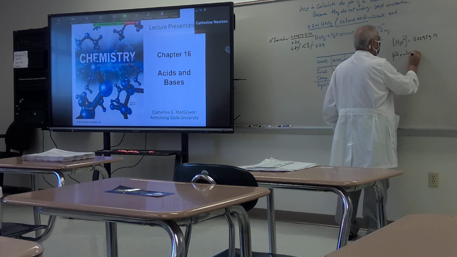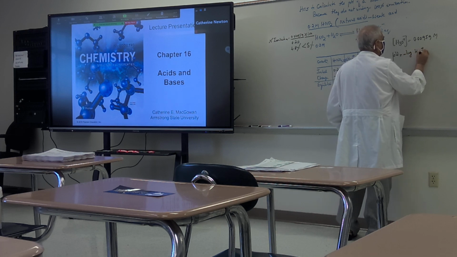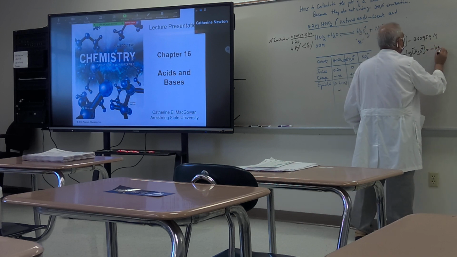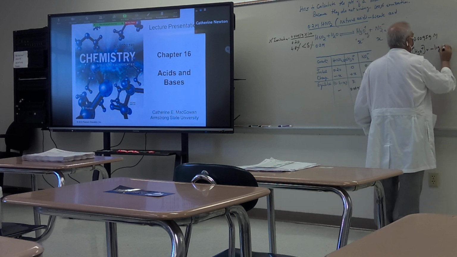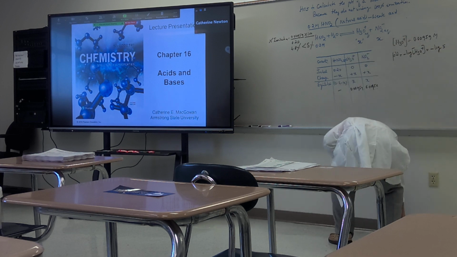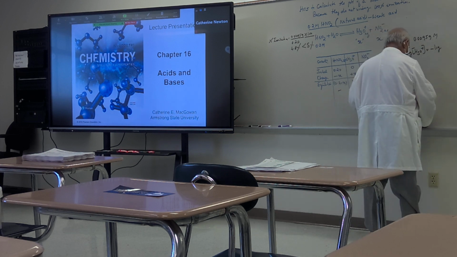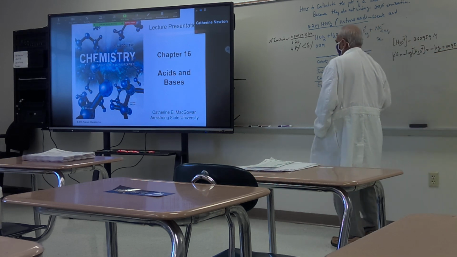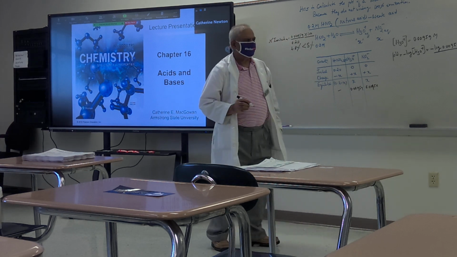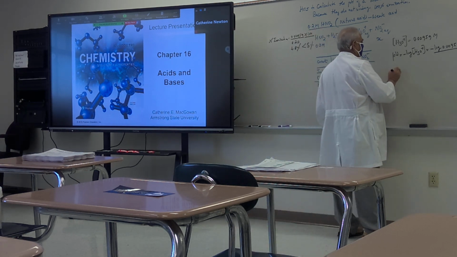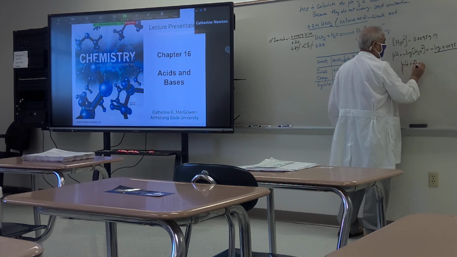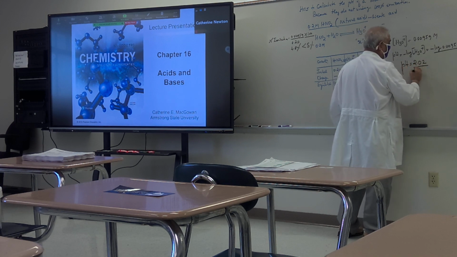Negative log of hydronium ion concentration, which is negative log of 0.00959. Tell me, how much is this? 2.02. So what is the pH of that solution? 2.02. That's how you are going to do it.